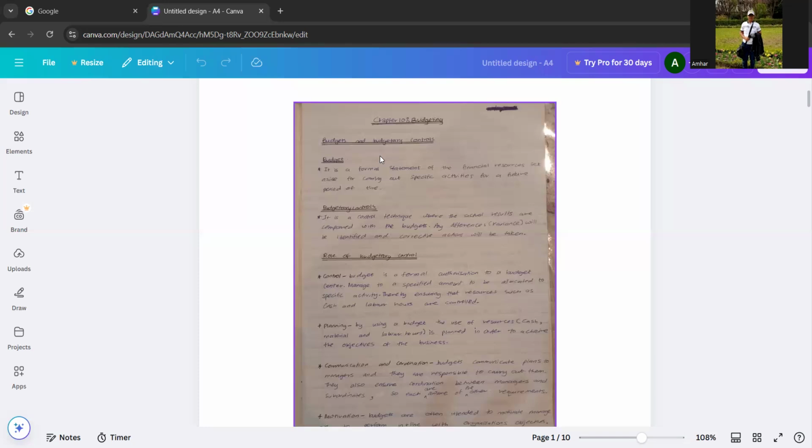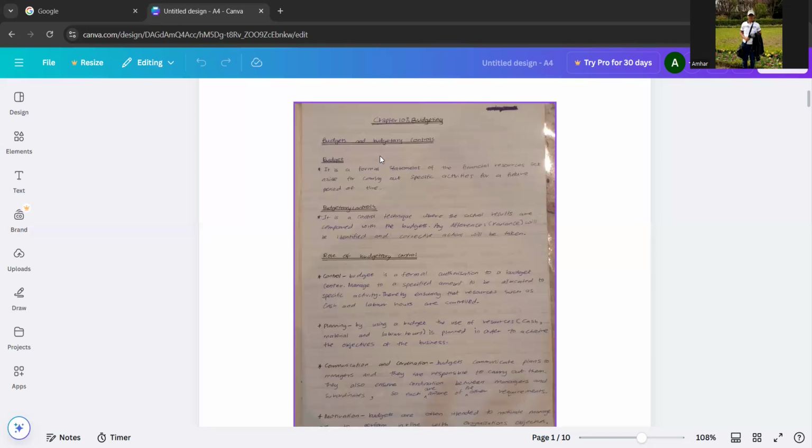And then look at the role of budgetary control. There are lots of roles of budgeting. First one is control. Under control, a budget is a formal authorization to a budget center manager for a specified amount to be allocated to a specific activity, thereby ensuring that resources such as cash and labor hours are controlled.